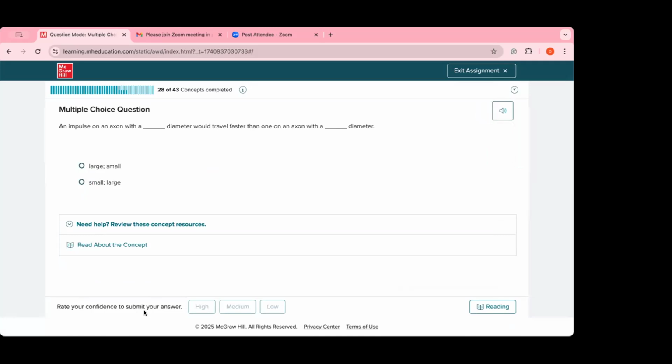An impulse on an axon with a blank diameter would travel faster than one on an axon with a blank diameter. Okay.